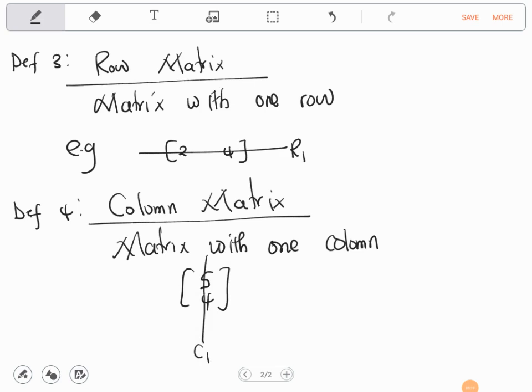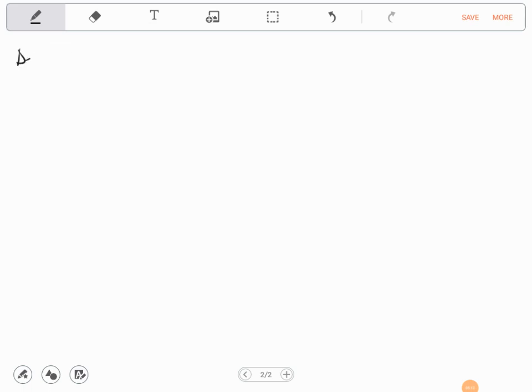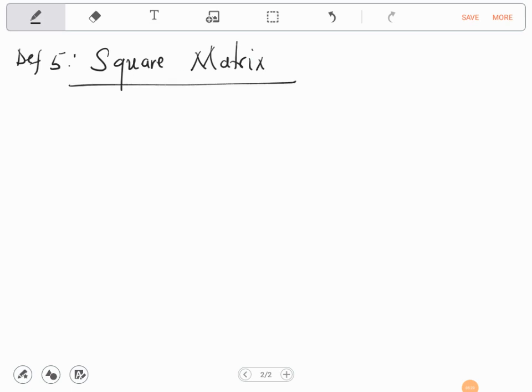We are still looking at the definitions. Definition number 5, we have a square matrix. What is a square matrix?